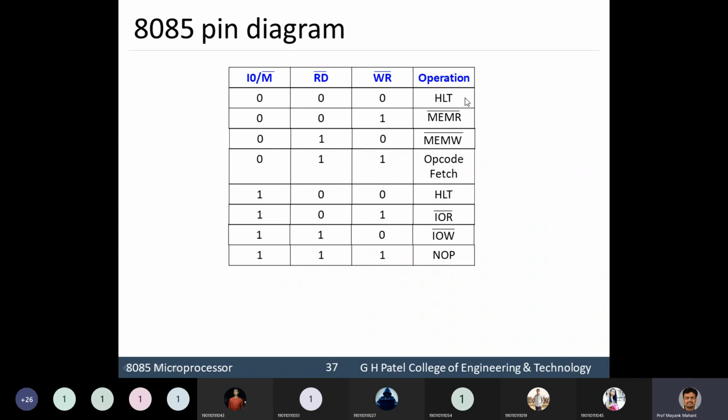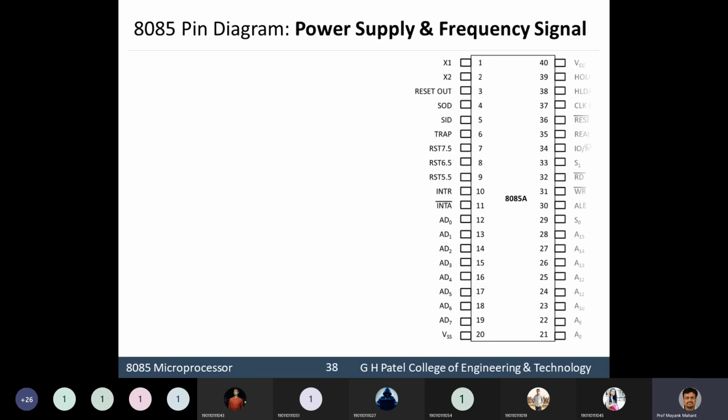If all three are 0, it is halt. If it is 001, then it is memory read, then memory write. This is opcode fetch. Again, this is halt, IO read, IO write, and 111 is NOP. This is how signaling is generally carried out in our 8085 microprocessor.